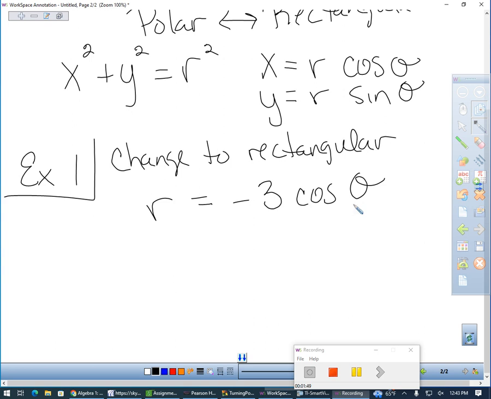The first thing I need you to do, step 1, is multiply both sides by r. If I multiply this side by r, I get r squared. If I multiply this side by r, I get -3 r cosine theta.